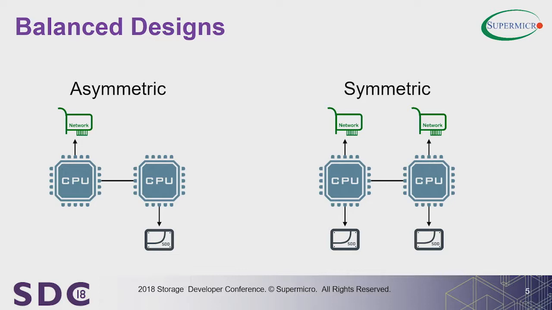That helps. But you're going to find that the UPI bus becomes really crucial to your performance if you have an asymmetric design. If you have a symmetric design, the idea is you minimize what happens on that UPI bus, just so you can avoid any latencies. So that's what I mean by the difference between asymmetric and symmetric.